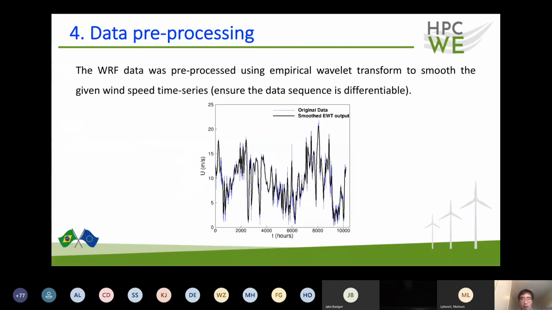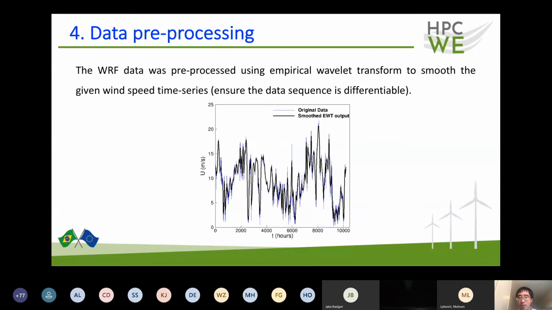Before we apply those methods, we have to run some data filter to remove the localized noise. Here we can't run a Fourier decomposition, just because the noise in the wind signal is actually localized. Many of them may be localized in space and in time.